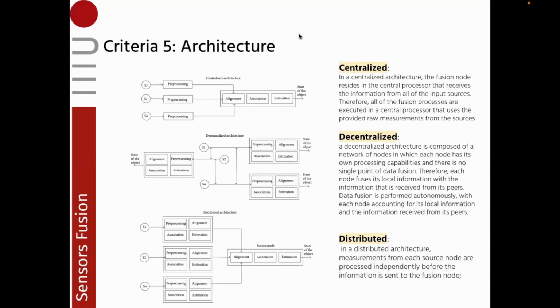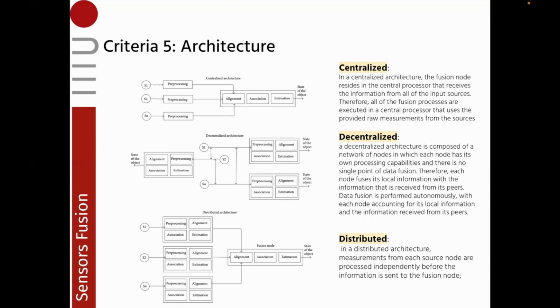Architecture. We can have a centralized architecture, where every sensor puts its data into the sensor fusion system, the sensor fusion engine, and the engine provides an output, taking the raw data from the sensors. We can have a decentralized architecture where, for example, every sensor unit is a kind of peer-to-peer system, takes the data from the other sensors, and each sensor fusion unit elaborates its own outputs.